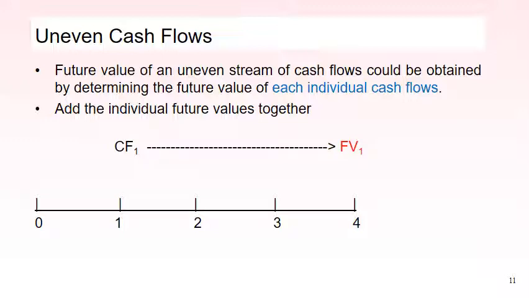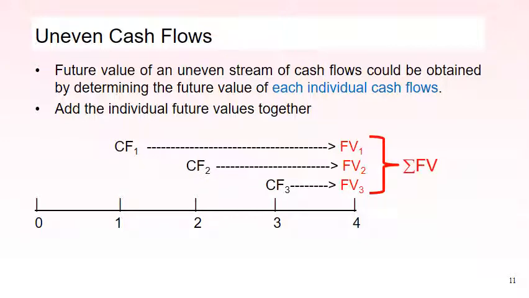Then you find the future value for CF2 and for CF3. Each individual cash flow is determined separately. Then we add the individual future values together, and we find the grand total future value.